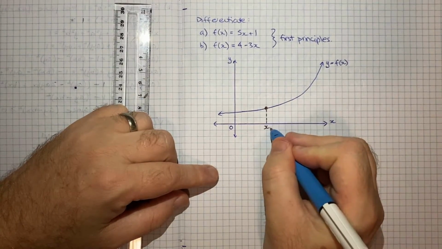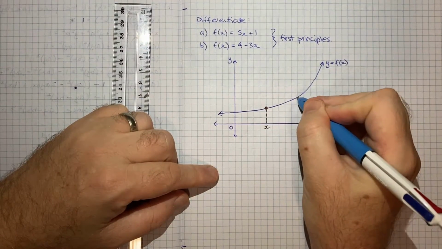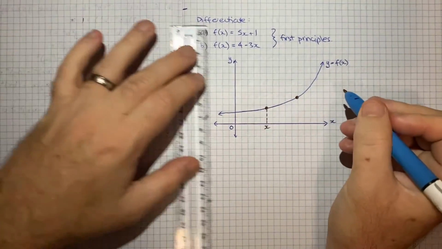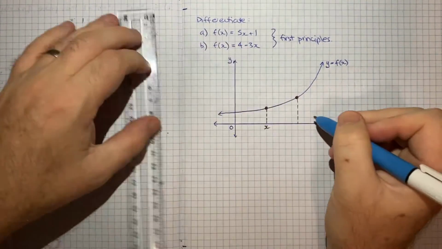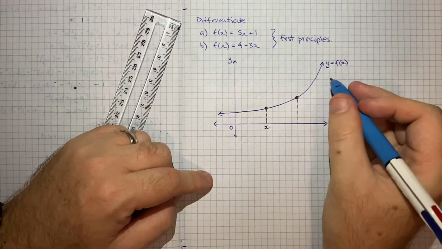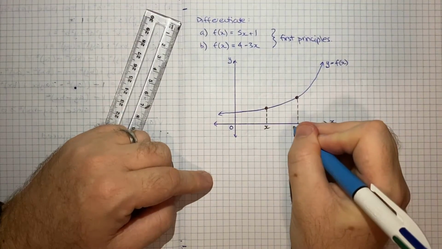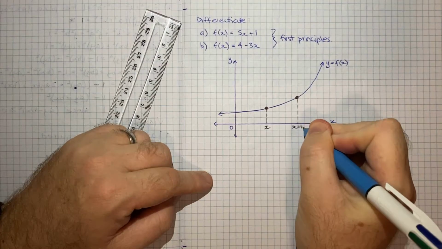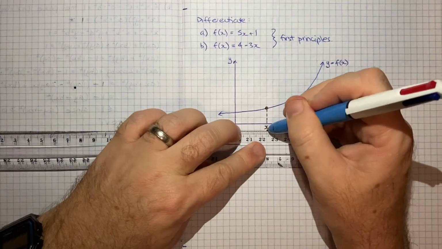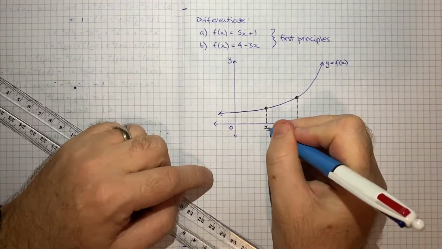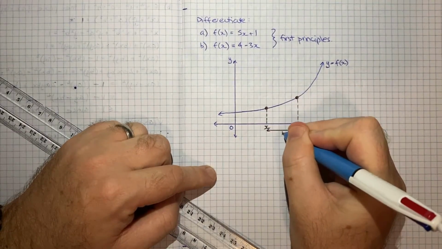And then I'm going to move over to this point, and the value of the function for this point is at an x value of what I'll call x plus h. So in other words, the distance I've moved in the x-axis is a distance of h.